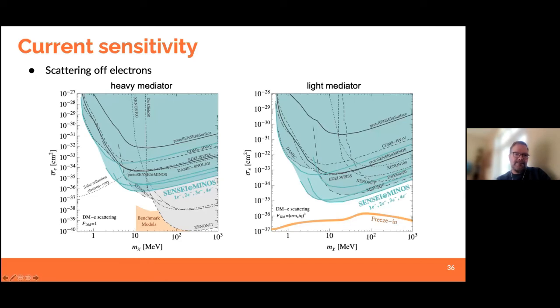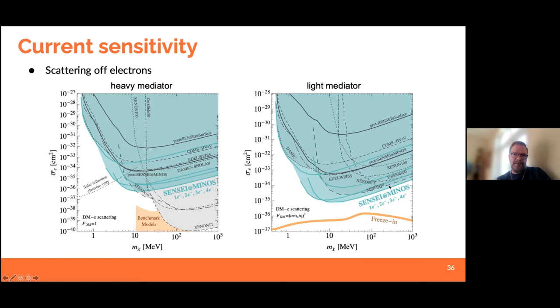Now this is a cross-section for scattering of electrons, so no longer of nuclei. And what you can see here is that the top end of the scale is 1 GeV, and they are probing MeV dark matter.